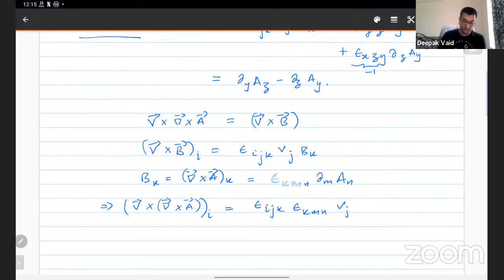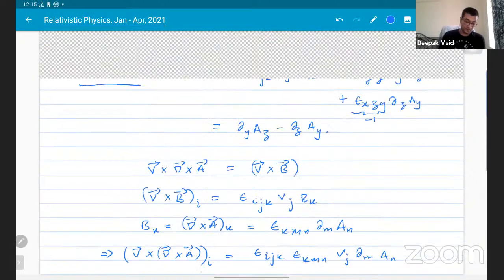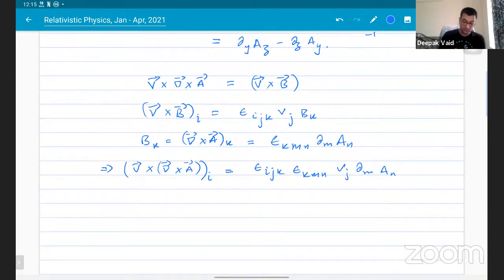So I've got epsilon k m n v_j d_m A_n, right? And now this expression doesn't look any simpler.